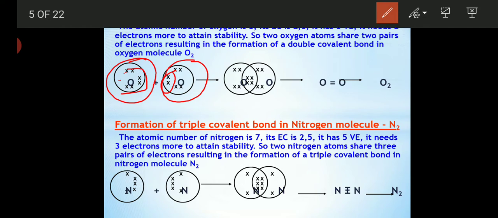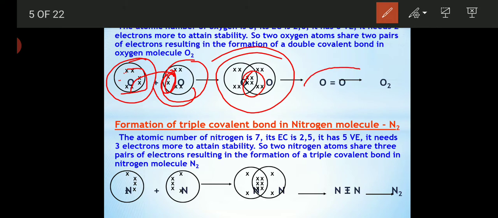See, this oxygen shares these 2 electrons and this oxygen shares these 2 electrons. So here the bond formation takes place. This is the bond between these 2 oxygen atoms, and this is the notation: O double line O. Understood?